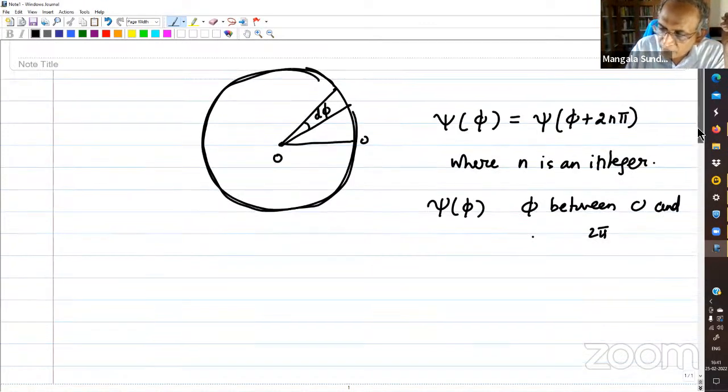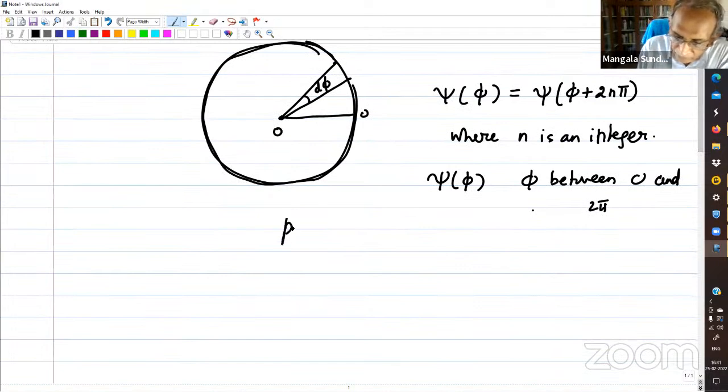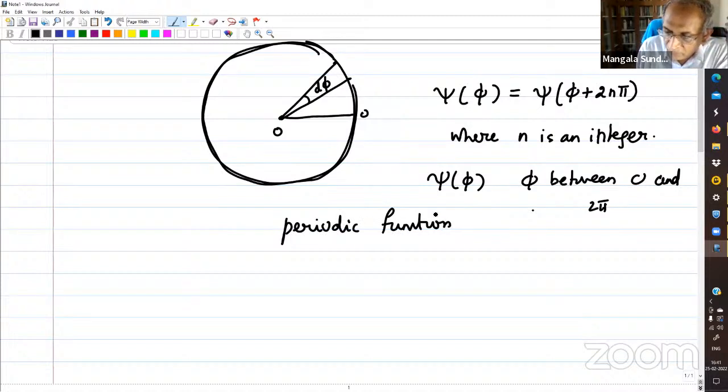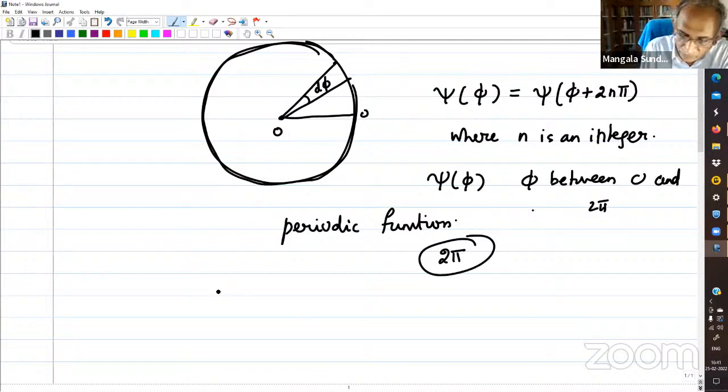So this is a periodic function. Please remember, it's a periodic function. Therefore, we do not worry about phi plus 2n pi. Essentially the interval should be 2 pi. So you can start from minus pi to plus pi, or from pi to 3 pi.